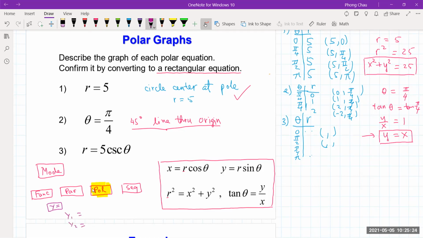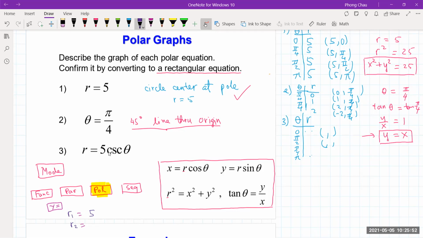For example, you put the 5 there, and then you can put the pi over 4 there.